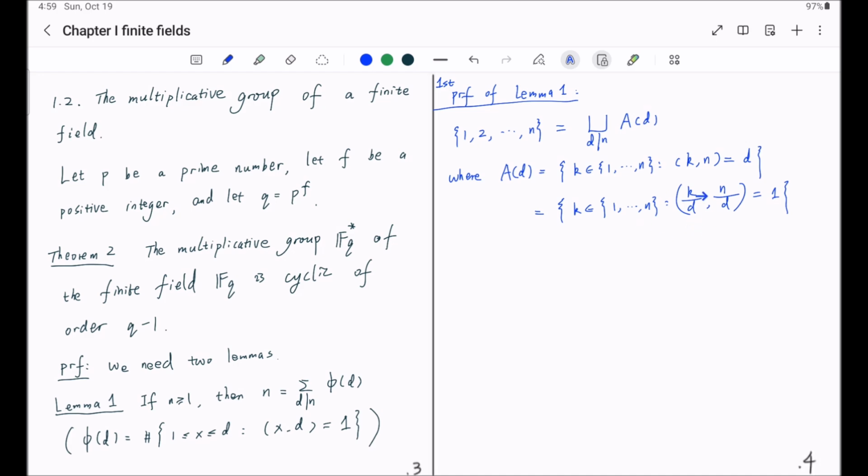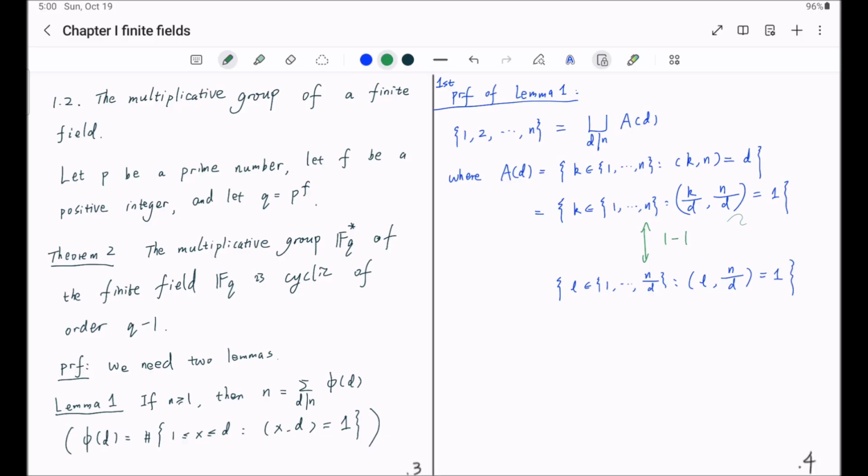And now we make a small change of variable here. I claim that this set has a 1-1 correspondence with the set of integers l from 1 through n divided by d, such that l is co-prime to n divided by d.